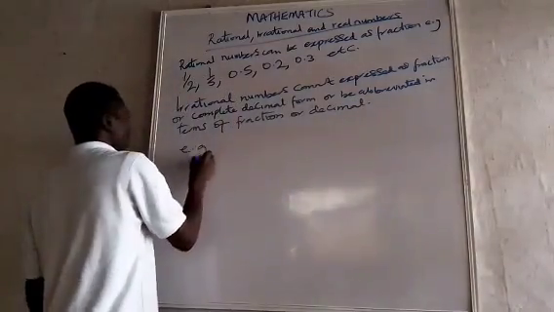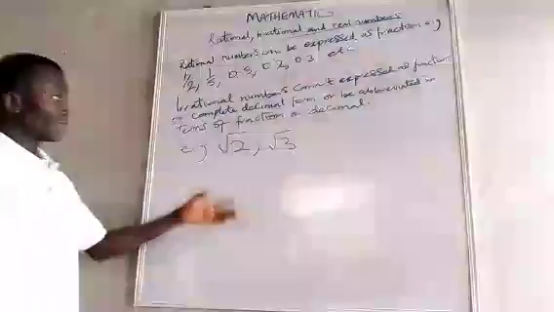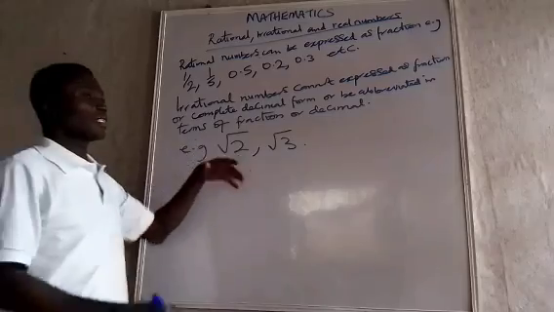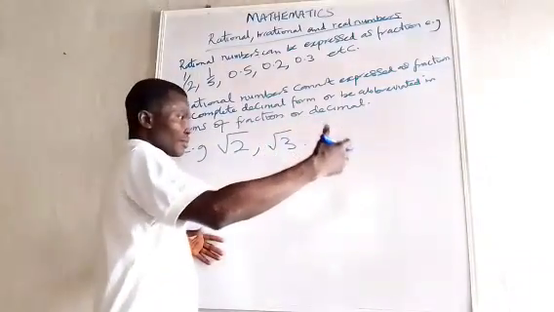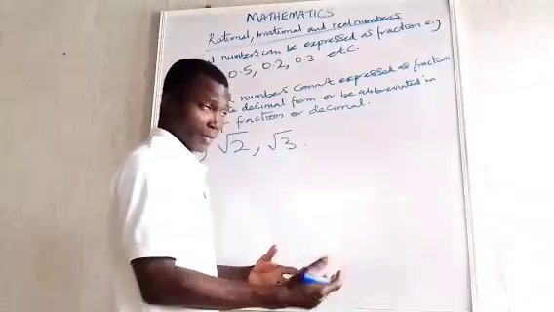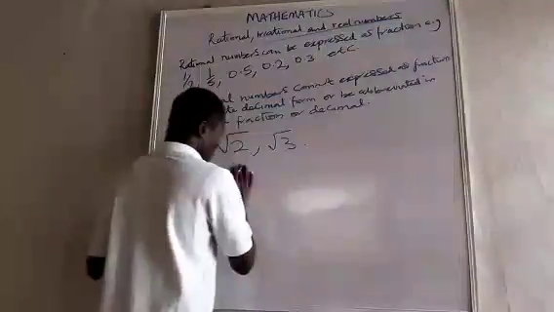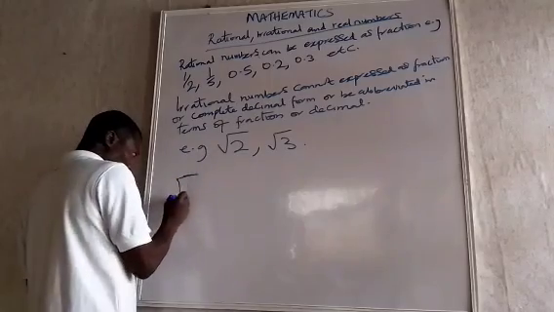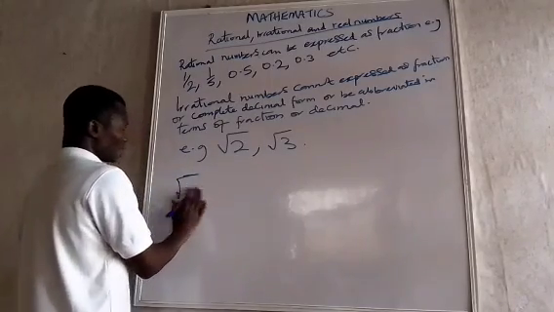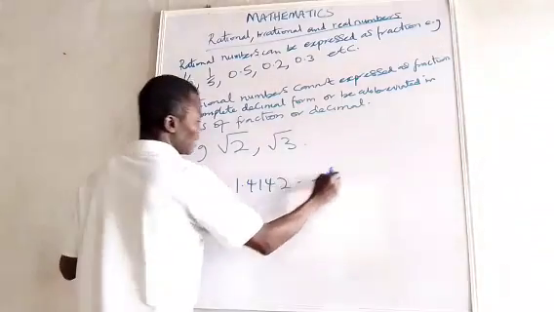For example, if you have a number like root 2 or root 3, you cannot express it because it will continuously have so many strings of numbers. So many of them are not even repeating themselves. And it makes it very difficult to say, okay, this is the real figure for root 2. If you check root 2 in your calculator, you are going to have something like 1.4142.